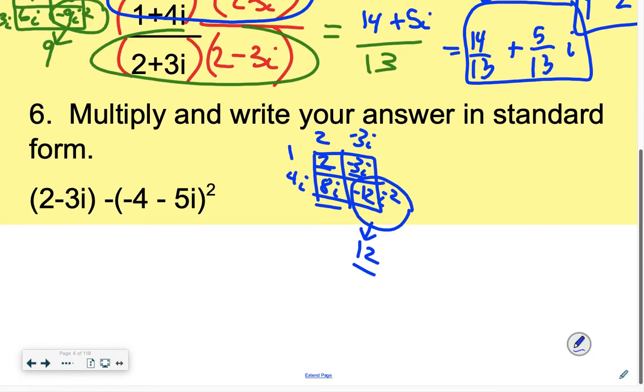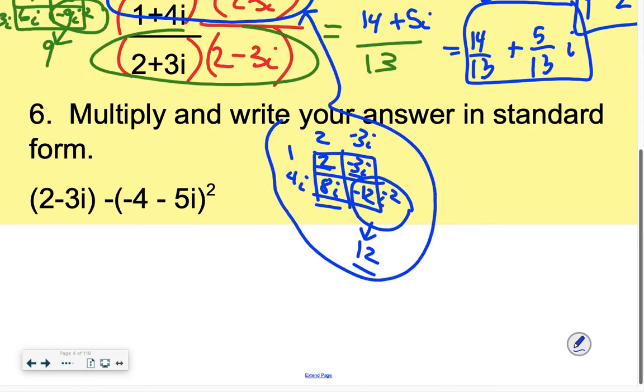All right, so this little bit goes up here. And then the last one on this page is just kind of combining all that together. So the first thing I'm going to do, doing order of operations, is exponents. So I'm going to square negative 4 minus 5i.